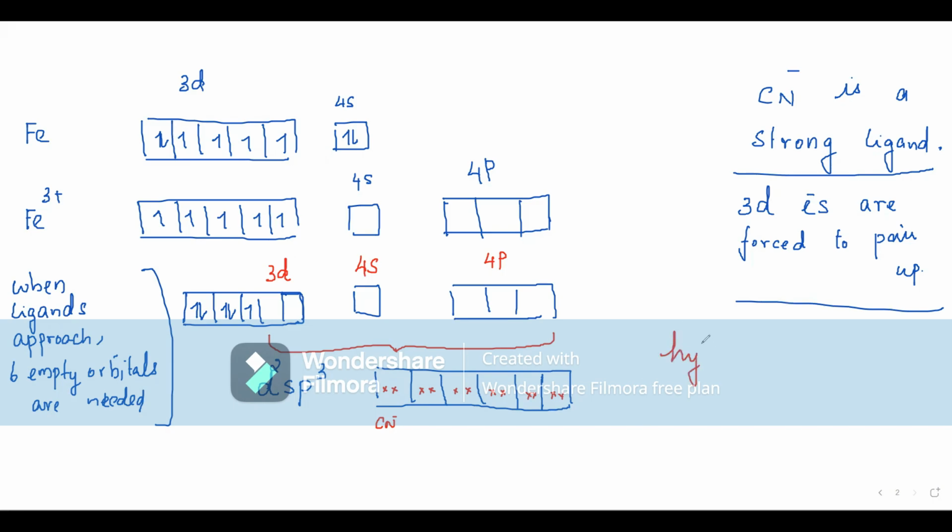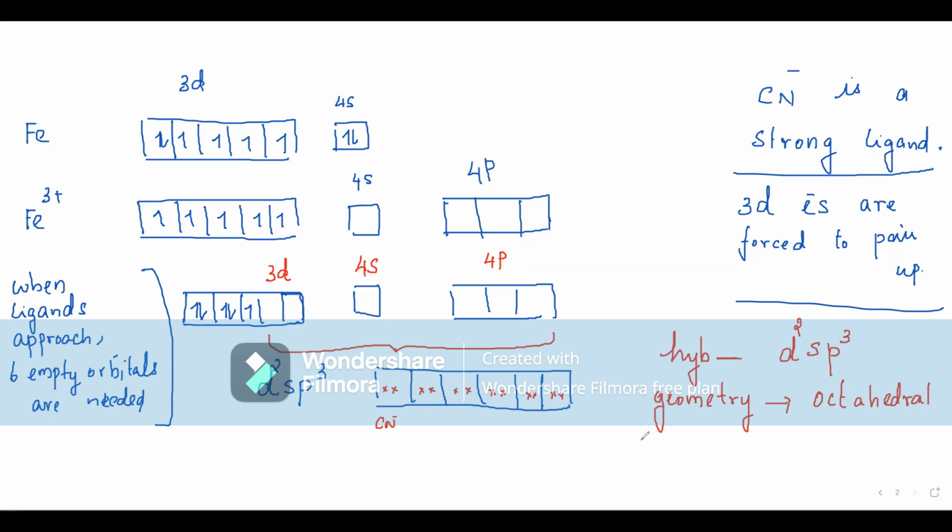So point number 1 that you are noticing here: what is the hybridization? Your answer is d2sp3, and this hybridization will decide the geometry of the molecule. d2sp3 will lead to an octahedral shape or octahedral geometry.